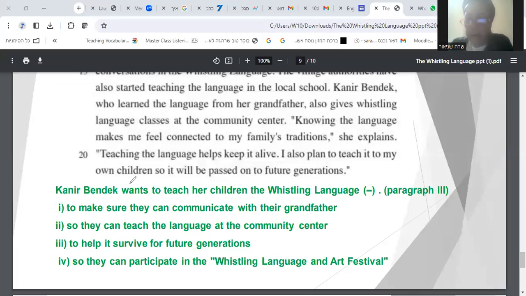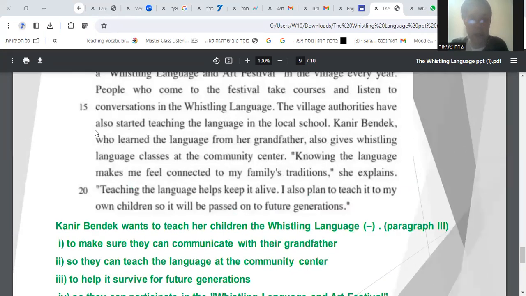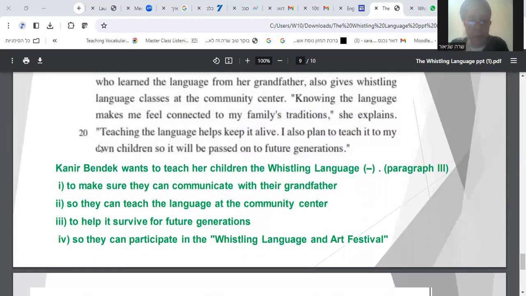קניר בנדק, we read about, למדנו עליה, קראנו עליה שמה, נכון? היה כתוב שהיא מורה ב-community center, והיא מתכננת עם הילדים שלה לדבר על זה, היא מדברת עם סבא שלה, אני לא זוכרת בדיוק מה היא אמרה שם, אבל היא אמרה שזה נותן הקשר מהמשפחה שלה. בכל מקרה, קניר בנדק wants to teach her children the whistling language, נכון? Paragraph 3. 1.